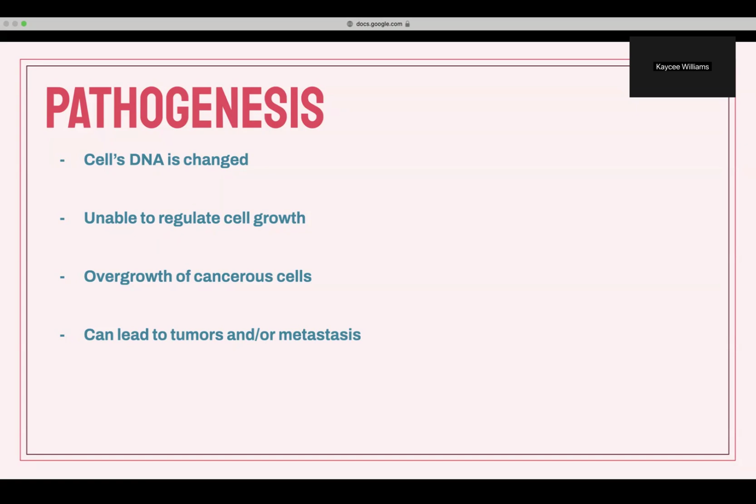And so the body begins to have a rapid regrowth of cells and an overgrowth of the cancerous cells. It can then lead to tumors and or metastasis. Some types are more aggressive than others, but it essentially all starts when the DNA of a cell is changed.